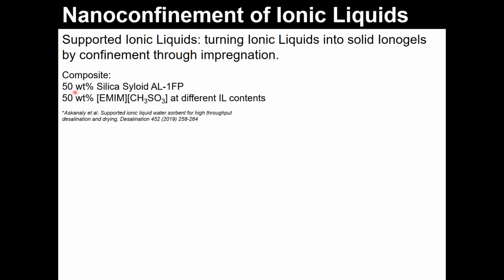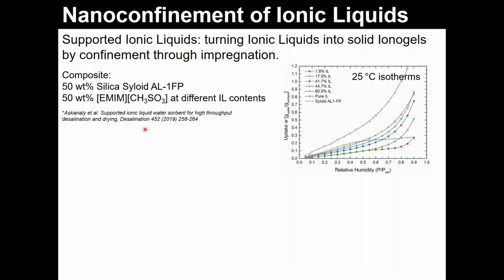We impregnate the silica with 50% by weight of imidazolium methane sulfonate. In this case, this was at the beginning of our research, where we didn't identify the acetate anion yet as the best.